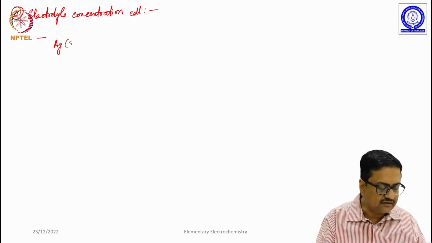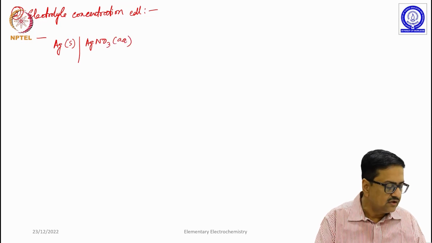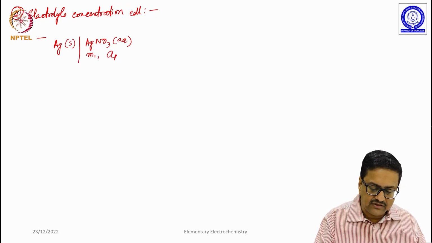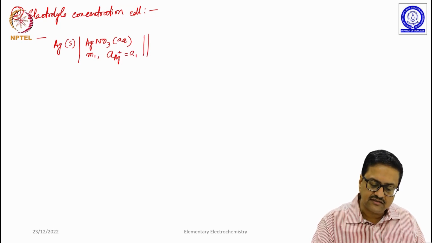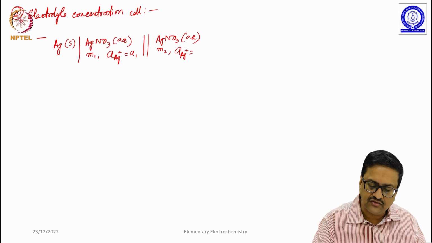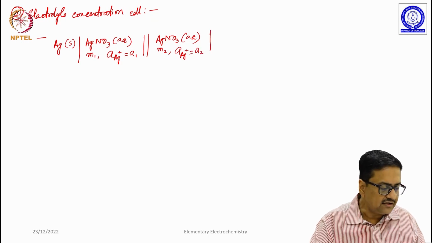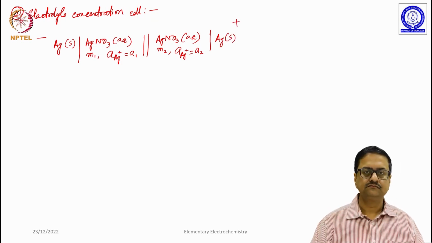Suppose we have silver solid in equilibrium with AgNO3 aqueous with a molality M1, which corresponds to the activity of Ag plus as A1. It is connected to another solution of AgNO3 aqueous where the molality is M2, which means that activity of Ag plus on this side is A2, and you have again Ag solid as electrode, right.